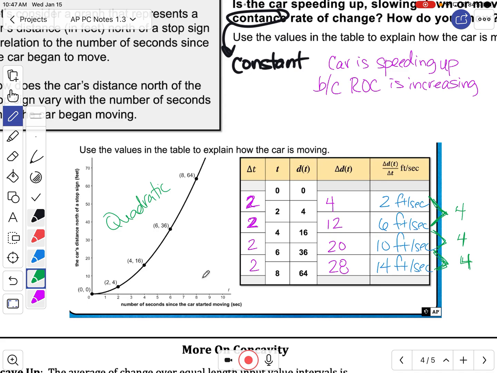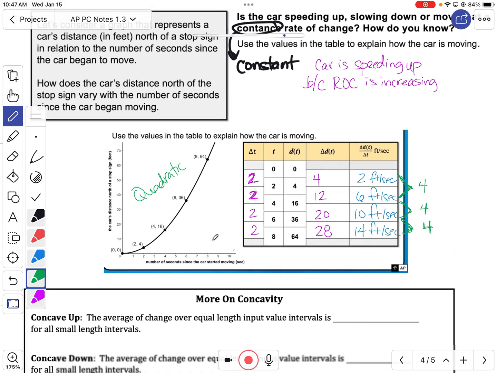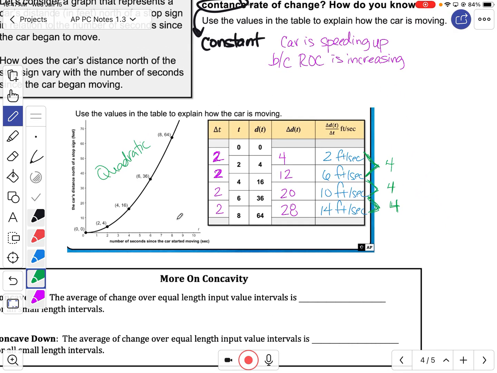Now, here's some words that they will say about it, which I think are kind of interesting. A quadratic function increases, the rate of change increases linearly over equal intervals of the domain. And that's a lot of big math words to say that this rate of change increased by a constant amount every time. I want to give you that phrasing so you can have it in your notes.